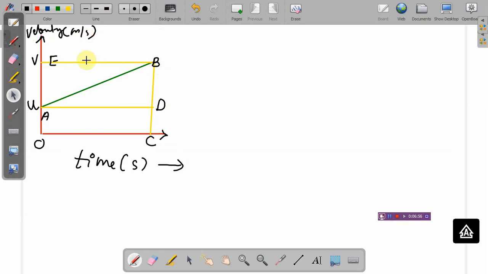Right? So, here I have drawn a line AD which is parallel to OC, the time axis, and we have another perpendicular drawn from B to point E, which represents the final velocity. We have already drawn this one parallel to the time axis. So what will be BC? BC is BD plus DC, right?